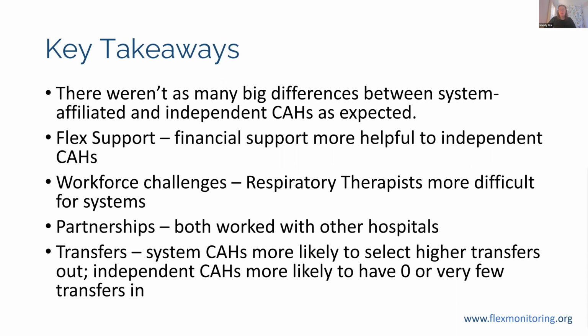But overall, there weren't a lot of big stark differences between system and independent CAHs, which surprised us in some ways. But we also think this lack of difference may be related to the small sample size, especially of system hospitals, when we had a lot more representation from independent hospitals.